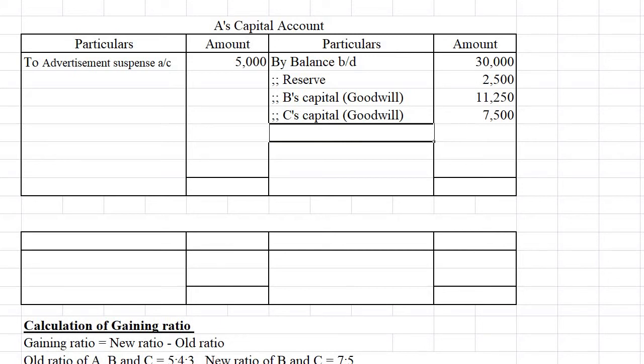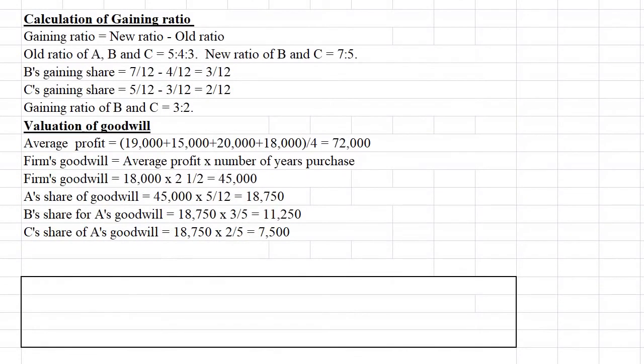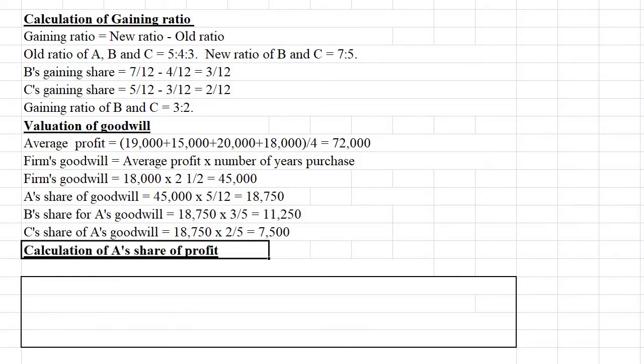Now what is the next to be given to A? Yes, his share of profit up to the date of his death. That we can calculate here. Calculation of A's share of profit. Profit up to the date of death is based on last year's profit.